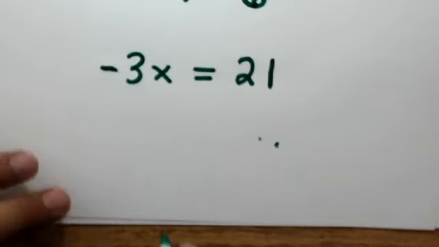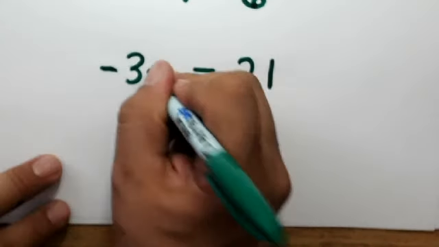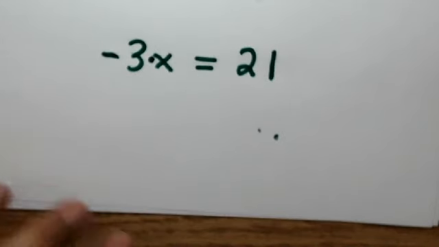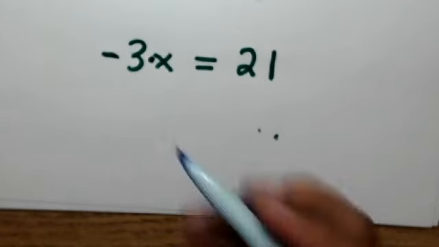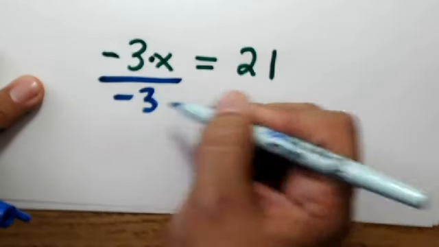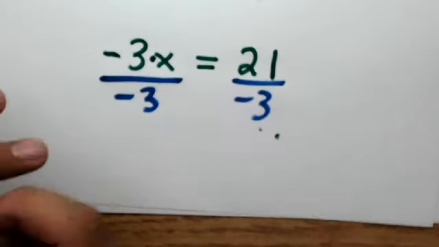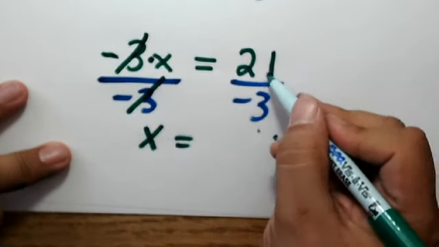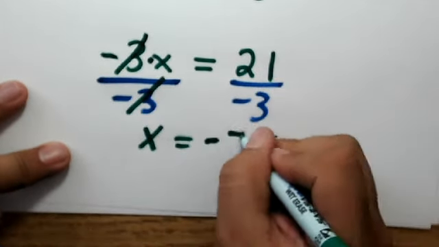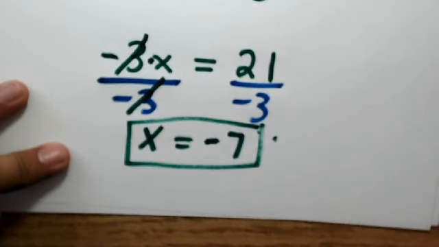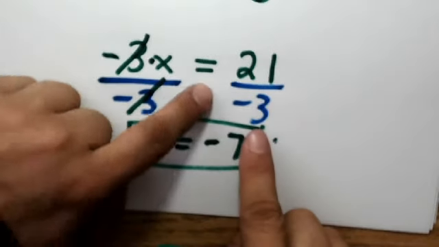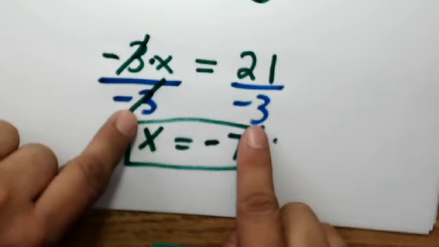On this question, you're actually multiplying by negative 3. So the opposite of multiplying by negative 3 is dividing by negative 3. Therefore, x would equal, what's 21 divided by negative 3? That is the correct answer. So, to answer your question, it is correct. The sign carries over.